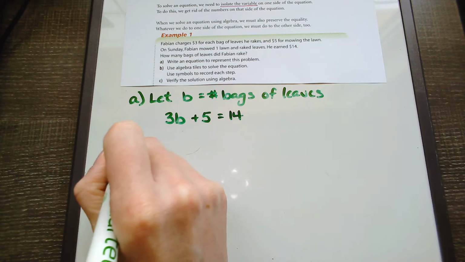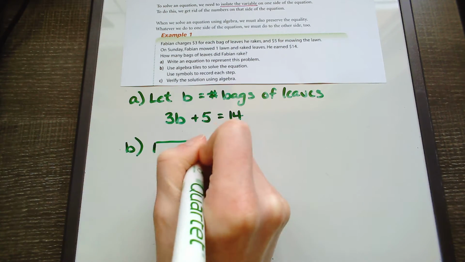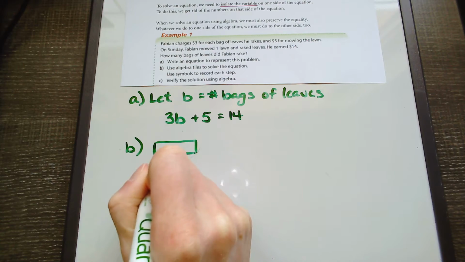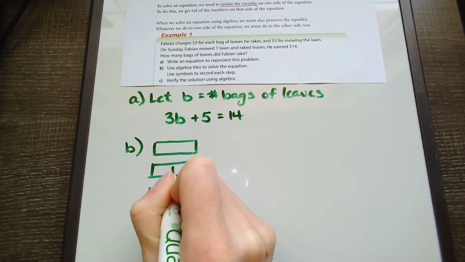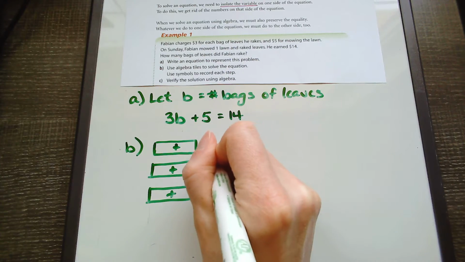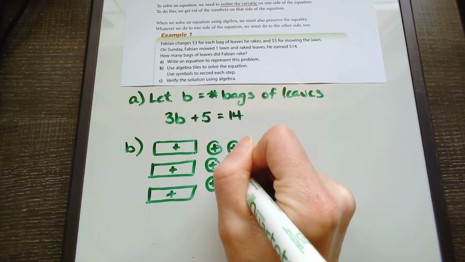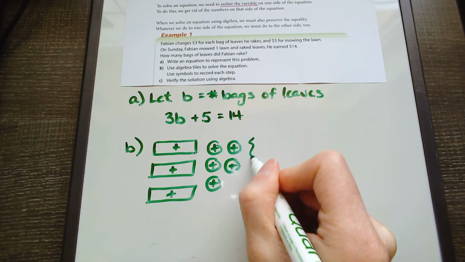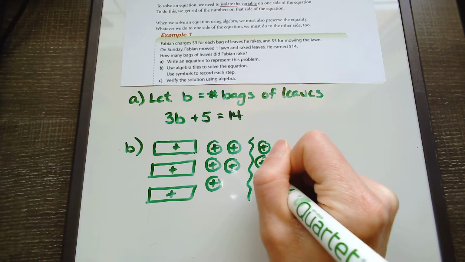I'm going to start with drawing out this situation. I have 3B plus 5 is equal to 14.